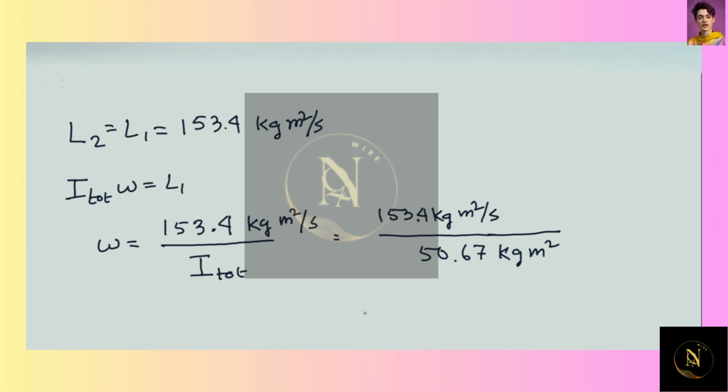And from there, omega becomes 3.027 radians per second. So now we know the angular velocity.